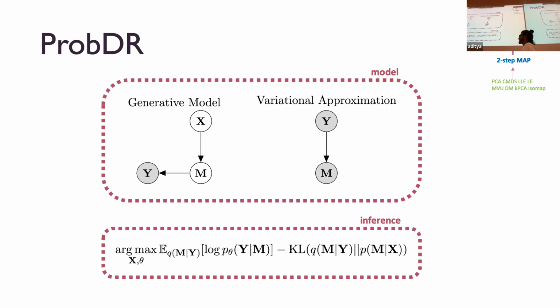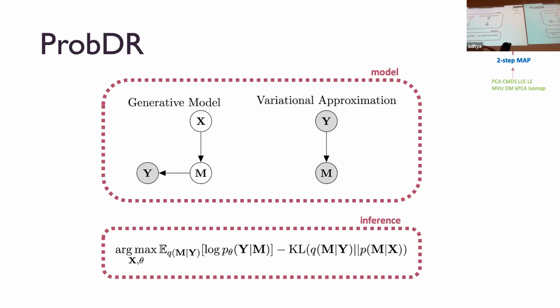Actually, now that you mention that, an interesting point here is that this term does not depend on the latents. So if you want to do inference for the latents, finding the latents in the first place, the argmax of this literally just becomes the argmin of the KL divergence. And the interpretation for literally every DR algorithm is just the minimization of that KL divergence, essentially.